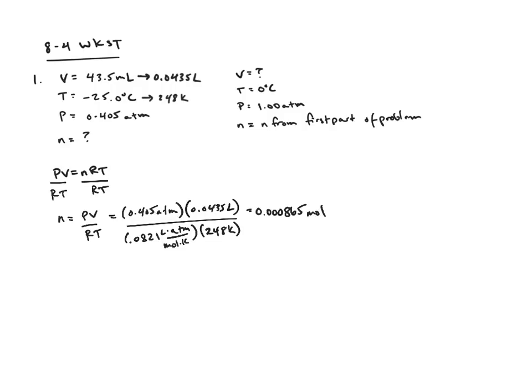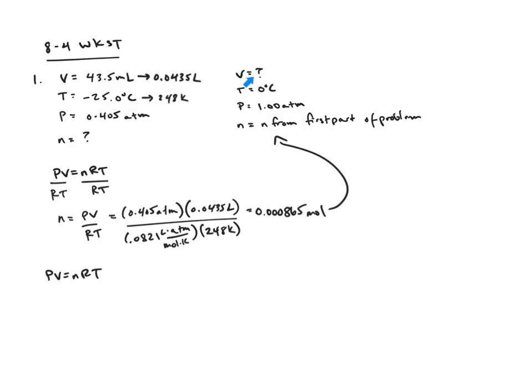And that value I can also use here, so I can plug that into a second set of conditions. There's actually a couple things we can do to shortcut this problem, so I'll show you both of them. But part 2 here, once again, PV equals nRT.